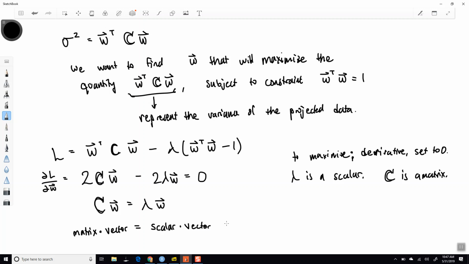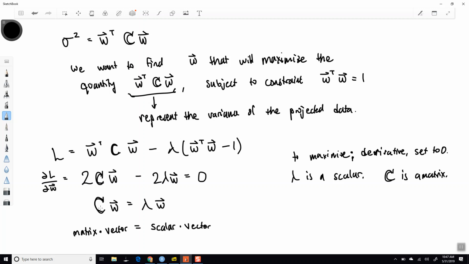Does that look familiar? What situation are we in now? So for this to work out, W has to be what? What's the relationship between W and C now? For us to have a matrix multiplied by some vector equal to basically just a constant times that vector, the relationship between W and C is that W has to be an eigenvector of the matrix C. All right?